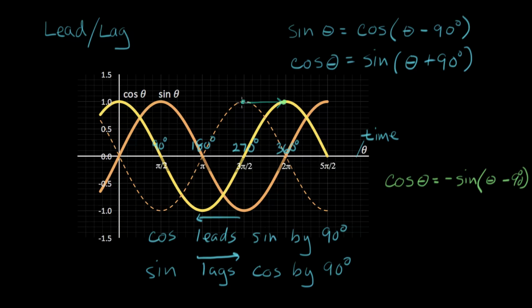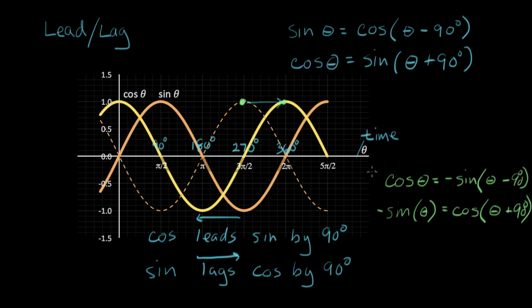And I can flip that around the same way, and I can say that negative sine of theta equals cosine of theta plus 90. That's the same identity, but in reverse. If I want to know the value of negative sine, I just take that argument, advance it by 90 degrees, and take the cosine, it'll have the same value.